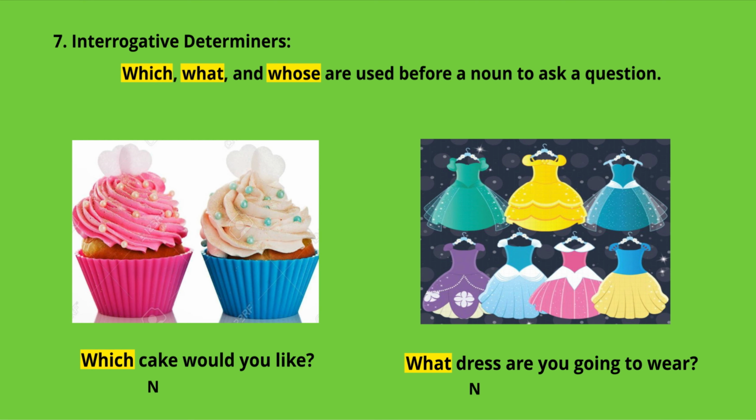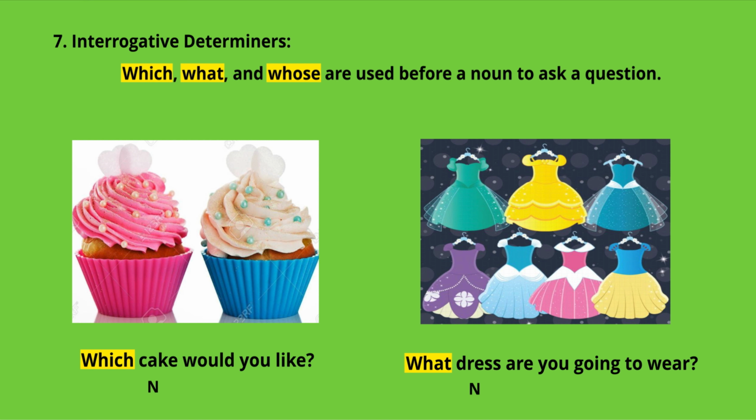The seventh one is interrogative determiners. Which, what, and whose are used before a noun to ask a question. So what do you see in the first image? You see two cupcakes, right? Which cake would you like? So here we are asking a question, and "which" came before the noun cake.